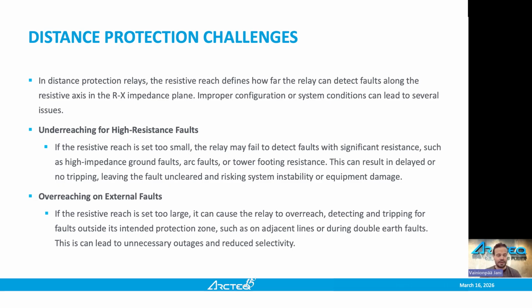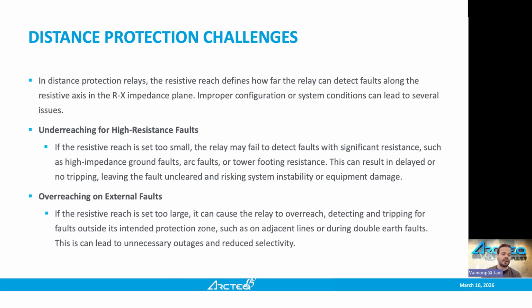I'm pointing out especially two separate issues. One is underreaching for high resistance faults. If the resistive reach is set too small, the relay may fail to detect faults with significant resistance. Such faults are high impedance ground faults, arcing faults, or tower footing resistance.